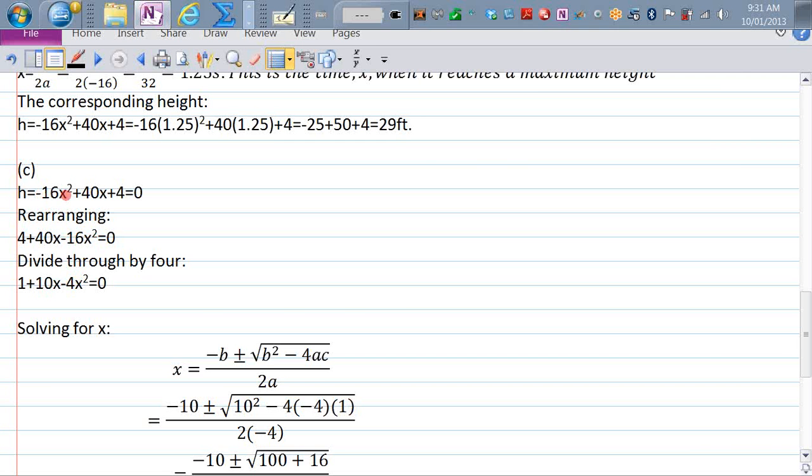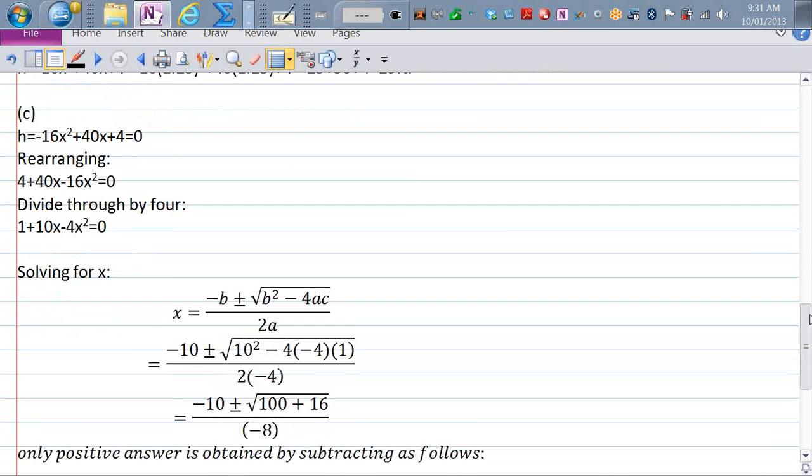So all I've done is rearrange this equation and then divide by 4. And then it's a matter of solving for x. There's no way you can factor this simply. So when we can't factor, we use the quadratic equation.